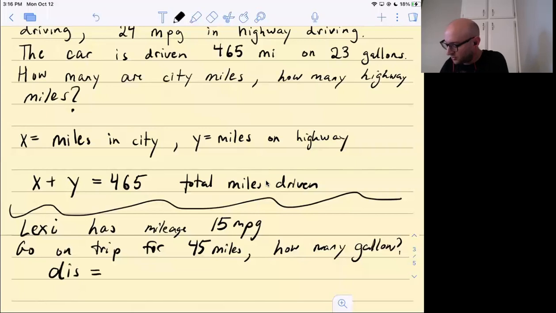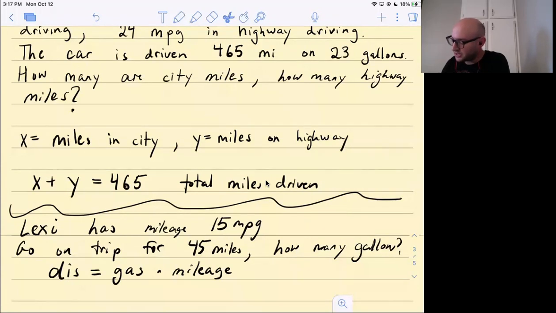So the distance is equal to the gas times the mileage. Or in other words, the distance over the mileage is equal to the gas that's required. Okay, so that's really the key idea to setting up the next equation.